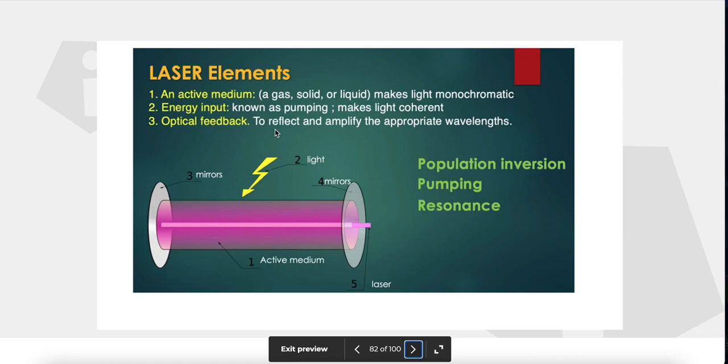These electrons are unstable after the pumping and the population inversion, so they release their energy in the form of coherent light, and then it will bounce between the two mirrors within the active medium, which is called the resonance, until it emerges from the partially transparent mirror as a continuous laser.